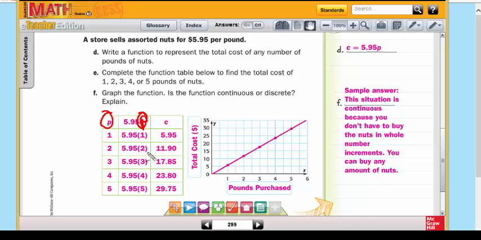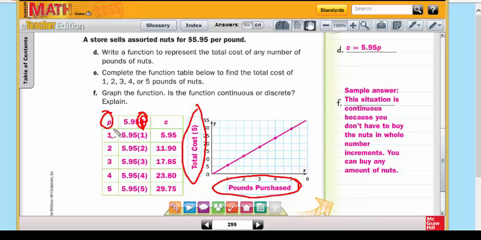So 2 pounds costs $11.90, etc. So obviously, since pounds is our input, we're going to use that as our independent variable, our x, and our output then is going to be our dependent variable. It will depend on how many pounds we purchase, and that's going to be our cost.